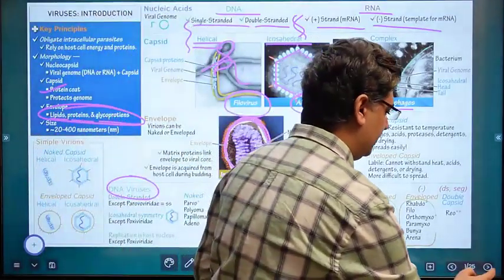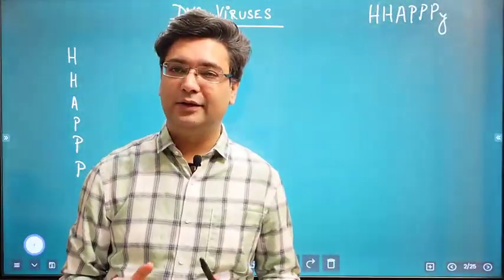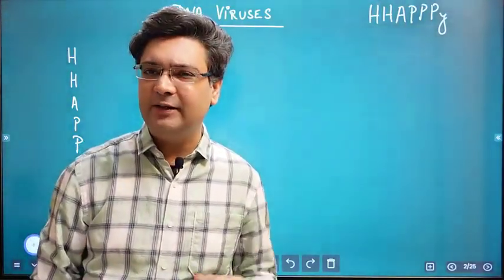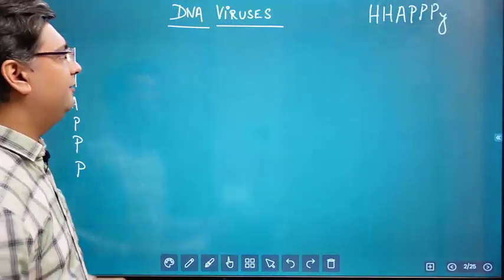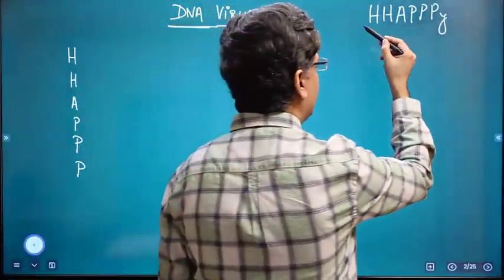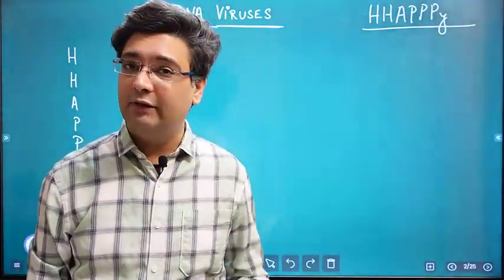Now you would be saying, sir, this is too much information, how can we simplify it? Obviously we can simplify it, and we'll just remember the DNA viruses by an acronym which is HHAPPY. Just remember that DNA viruses are very happy.